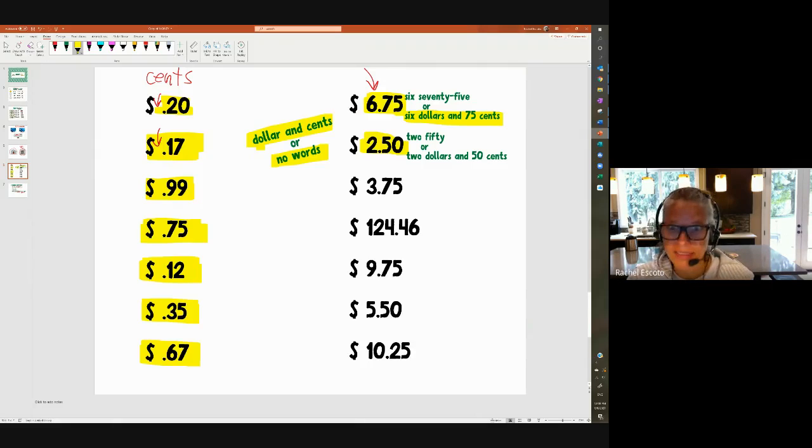Both are correct. This one, 3.75 or $3.75. This one is 124.46. I'll say it again, 124.46 or $124.46.